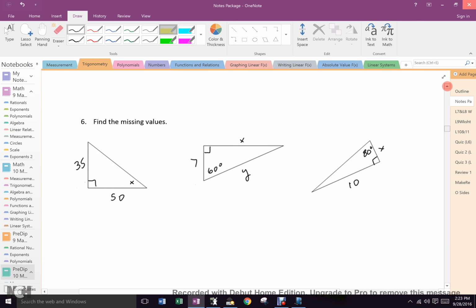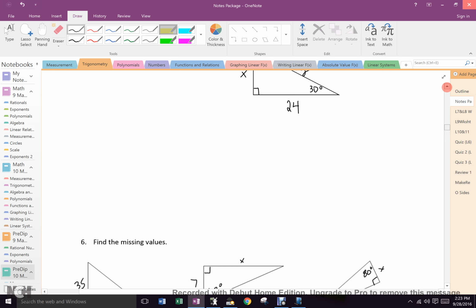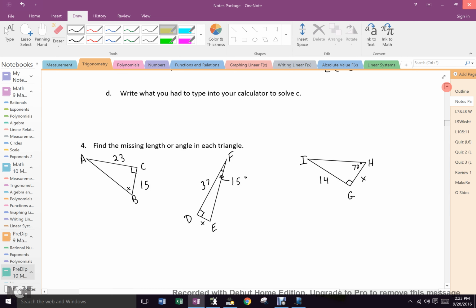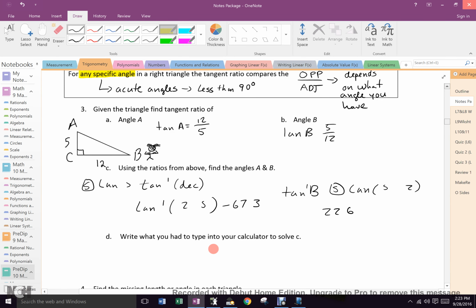You, of course, should write down what I said to write down, what you had to type into your calculator. So how you get this answer, because it's a little bit different. Okay?